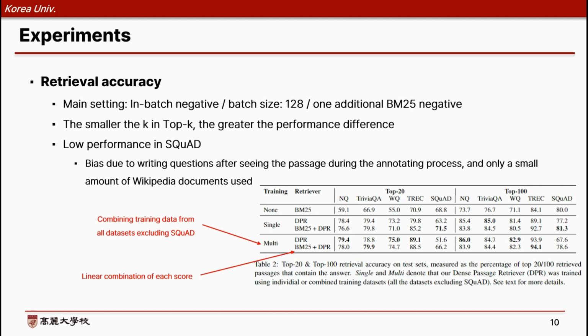The Multi part is the result of combining all our data except SQuAD when running, and BM25 plus DPR is the linear combination of each retrieval score. Looking at the result in the table, it can be seen that the overall performance was excellent when using DPR.